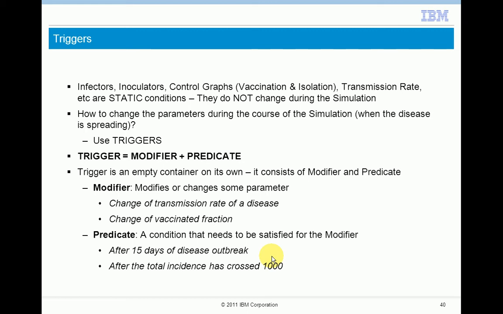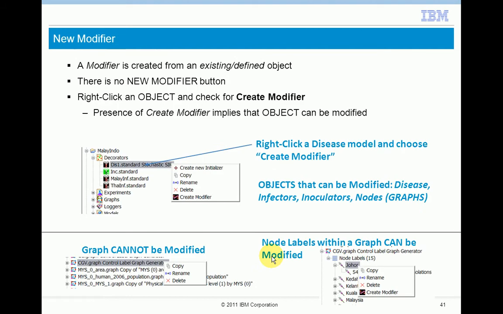Usually, those parameters you define are static, they don't change. Okay, so if you want to change them, what do you do? One of the things you can do is to introduce triggers. Now, a trigger is actually an empty container. You will need to put a modifier inside the trigger and a predicate, and then you can add the trigger to your scenario and see what happens.